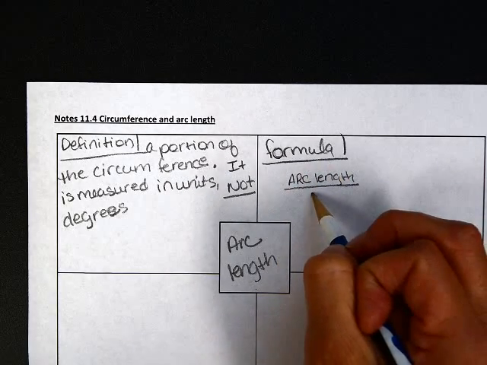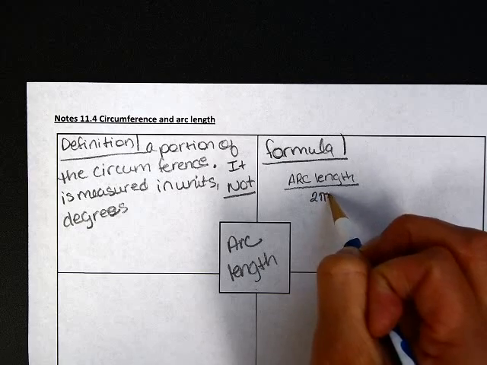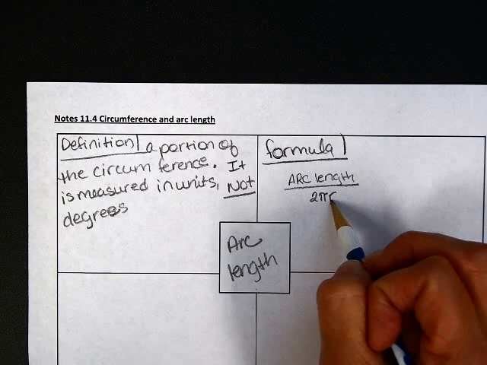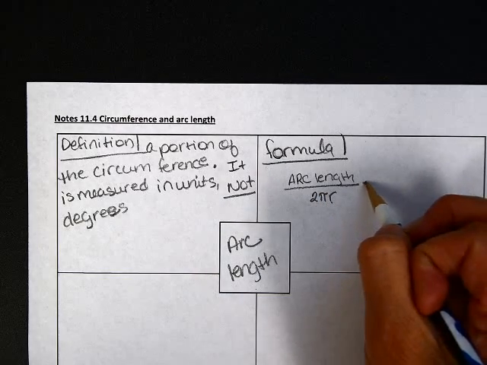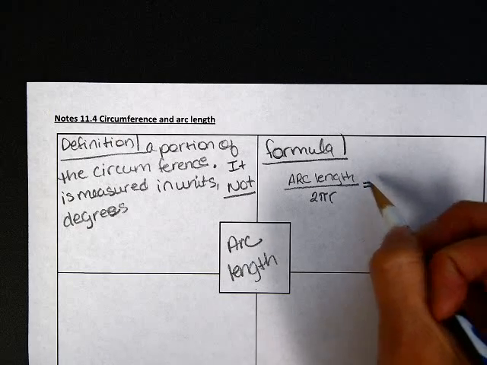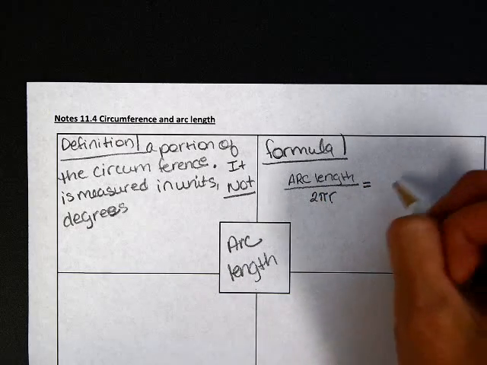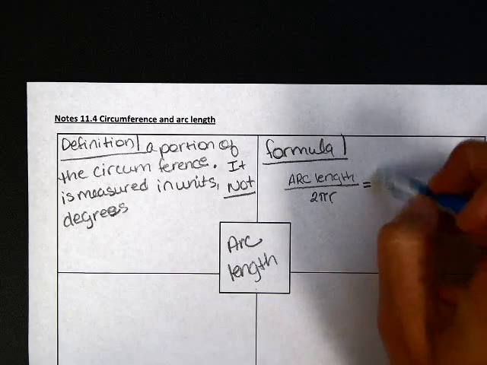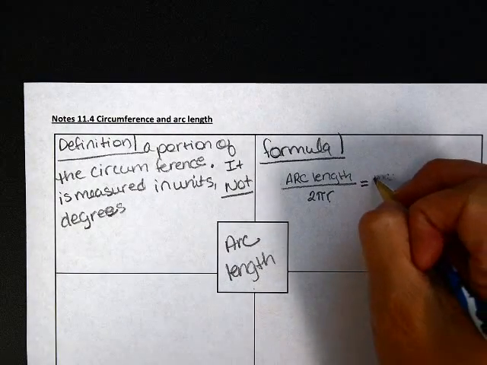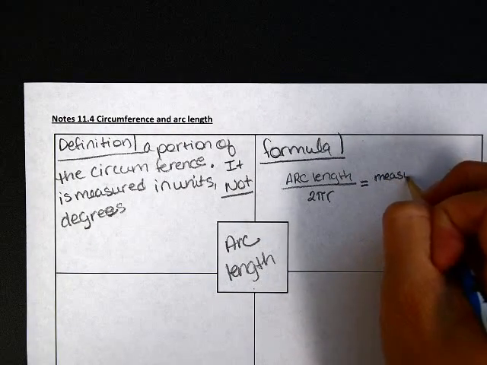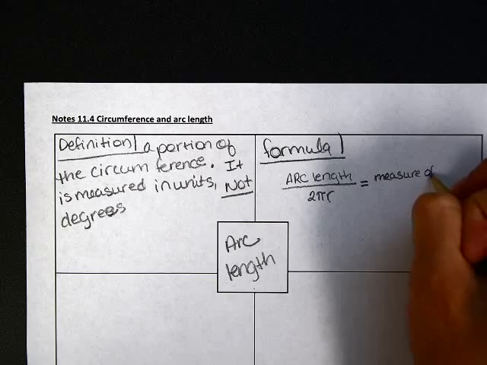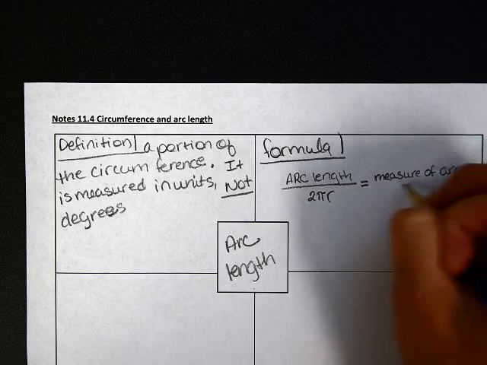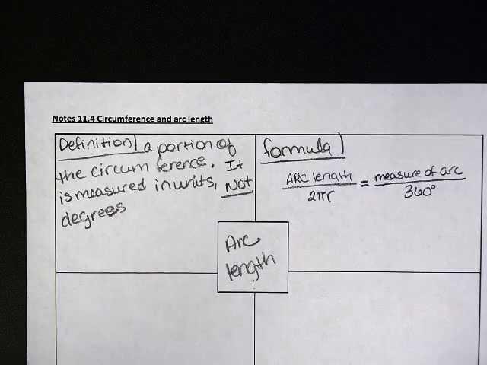Now, instead of writing out the word circumference, notice I'm putting the formula there. It's a portion of the circumference of the circle as the measure of the arc, let me write out the word measure, measure of the arc is to 360 degrees.